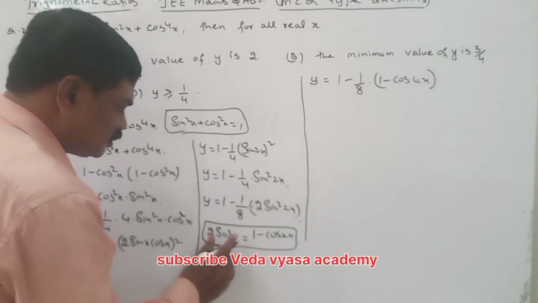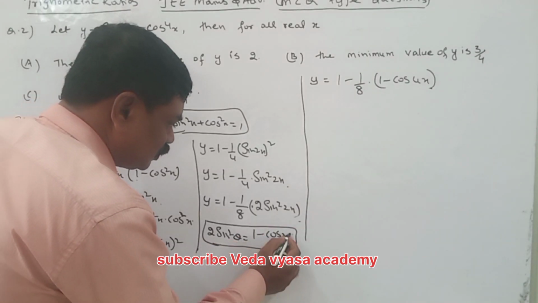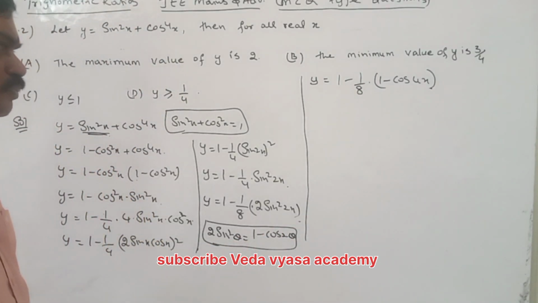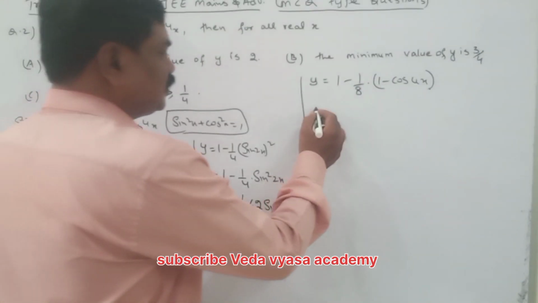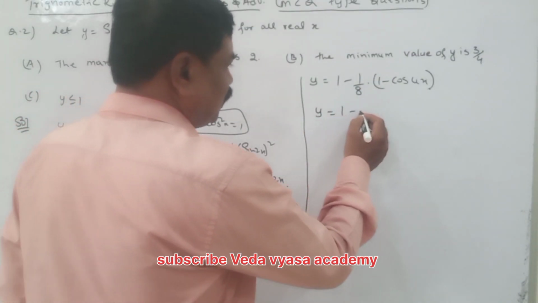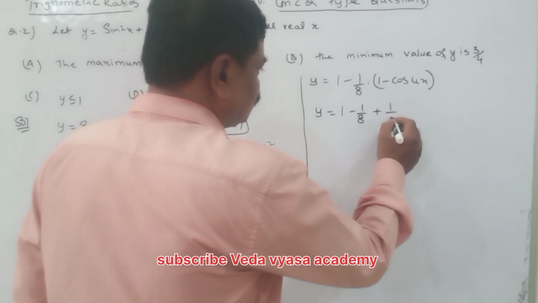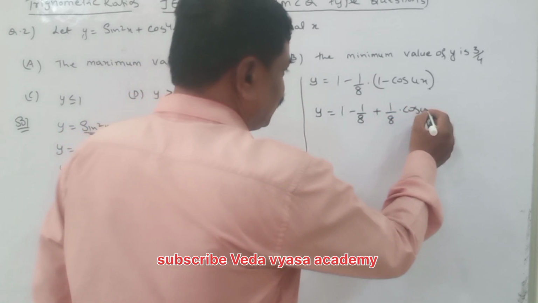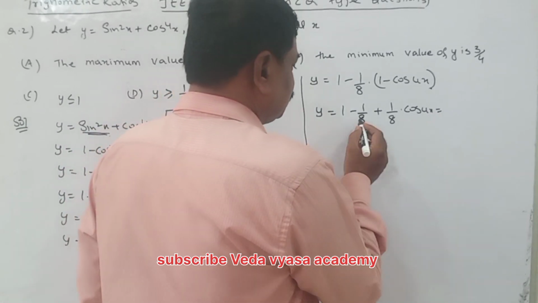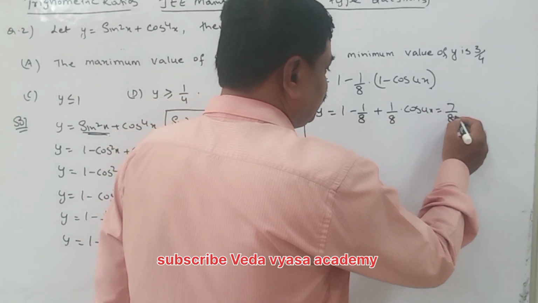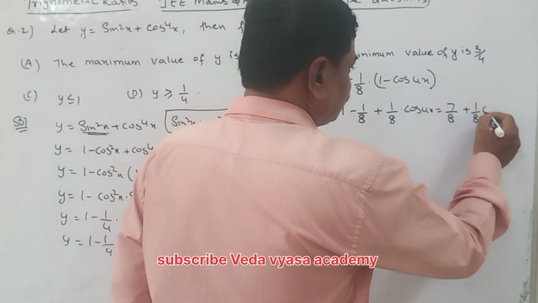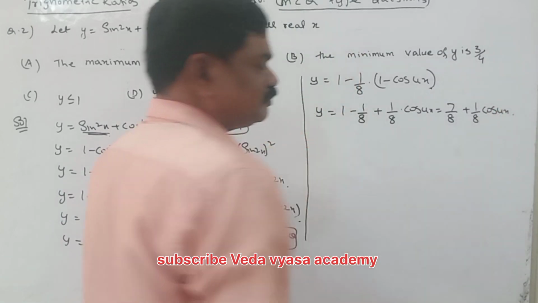This is sin square theta is equal to 1 minus cos 2 theta. So y is equal to 1 minus 1/8 plus 1/8 cos 4x, which is 7/8 plus 1/8 cos 4x.